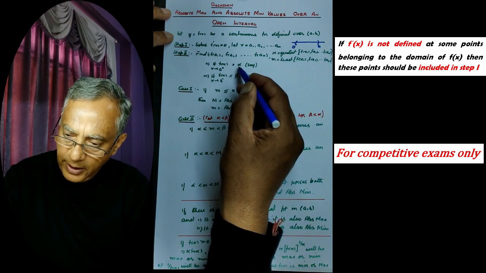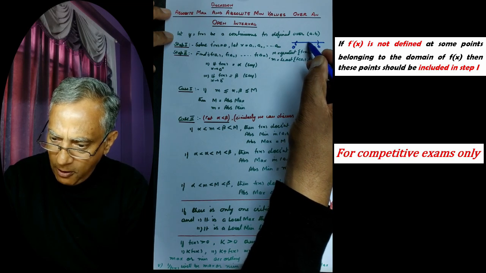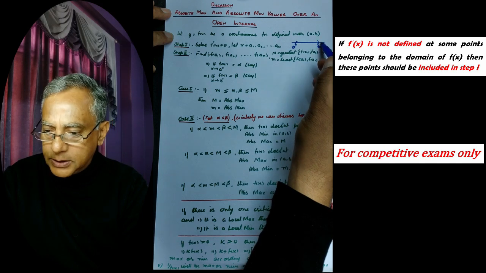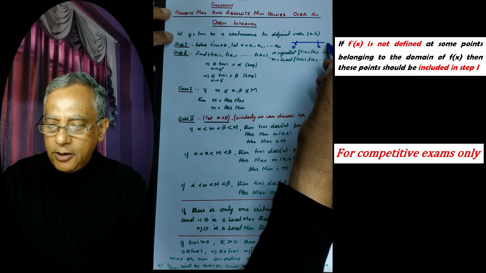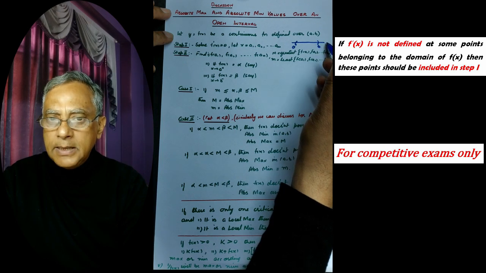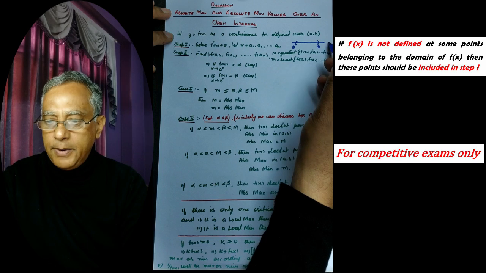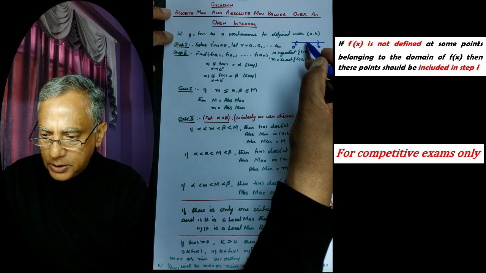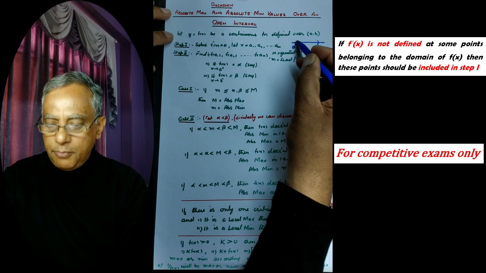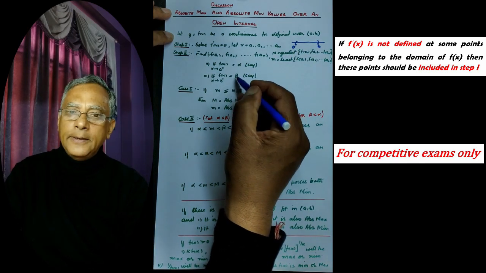And we find the value of f when we approach b from the negative side, because b does not belong to the domain of the function. So we cannot approach b from the right. So we take x approaches b from the negative side and x approaches a from the positive side. We find these values and let these values be alpha and beta.